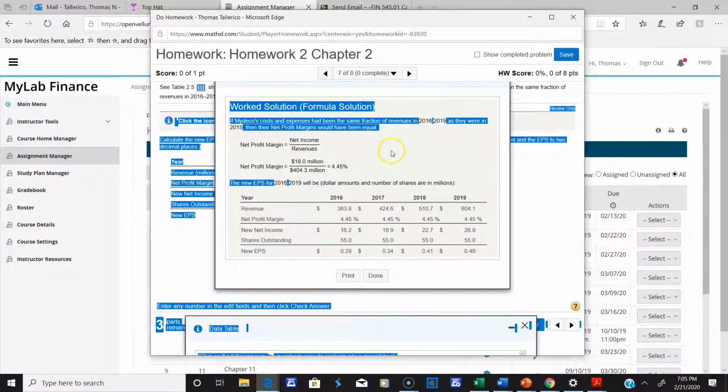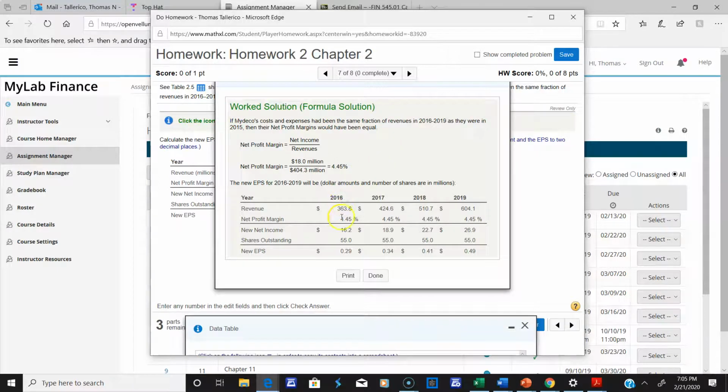So it was that simple. All they wanted you to do was get the new net profit margin. Once you got that, you can just get the new net income by multiplying these two, and you divide by the number of shares outstanding, which doesn't change, and you'll get the new earnings per share. And that's it. We're all done.